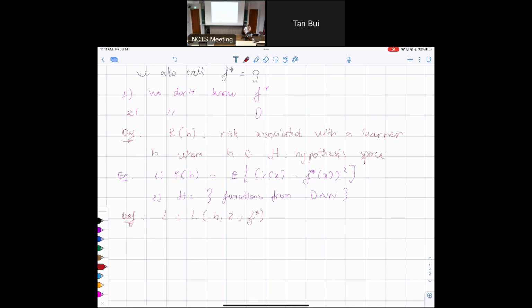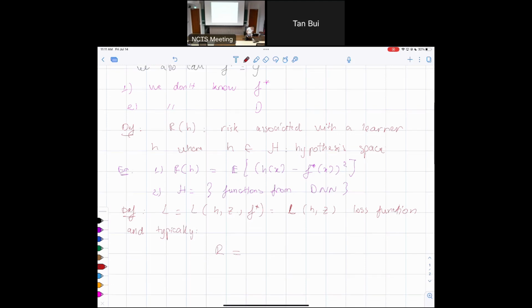Typically, to simplify, we just write the loss function L(h, z). Typically the loss function and the risk are related.